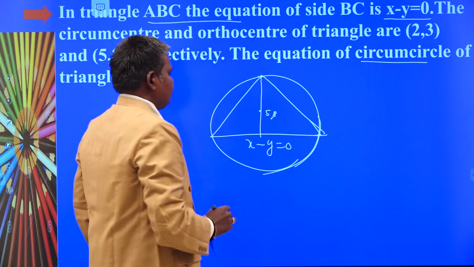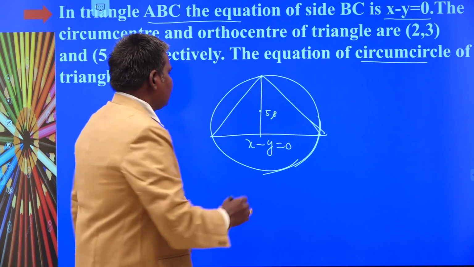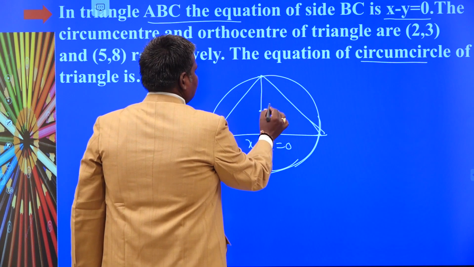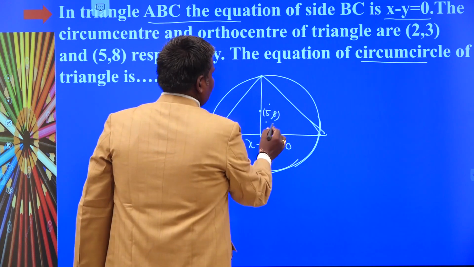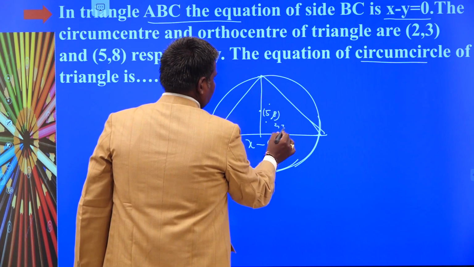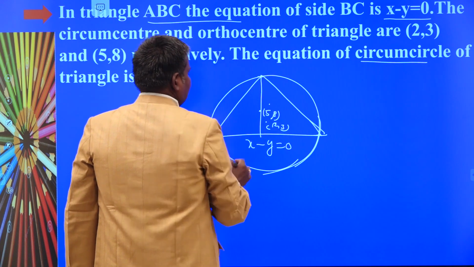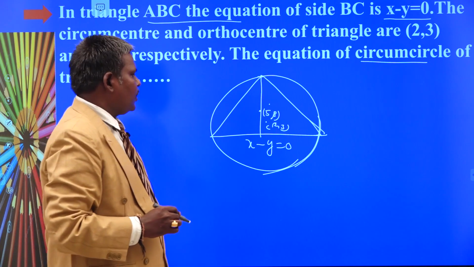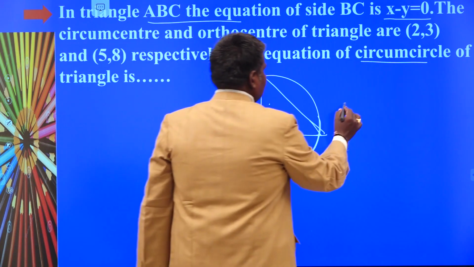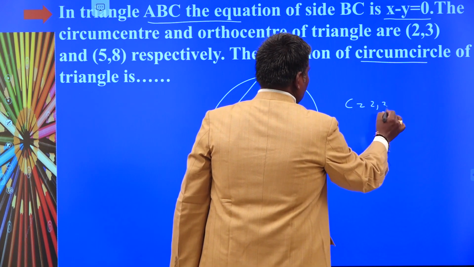Okay, very simple. This is your circumcenter, say. Suppose this is the center of the circle. What is the center of the circle given to you? (2, 3). Already we have the center, C equals (2, 3).